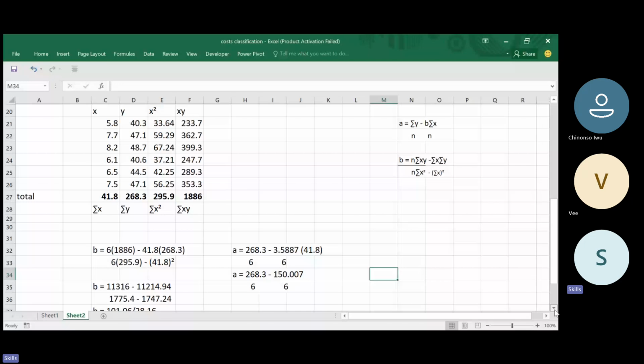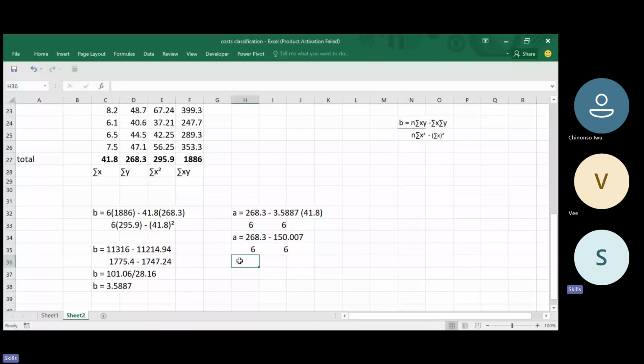So now let's do the division. 268.3 divided by 6 is 44.7166. Then minus 150.007 divided by 6.